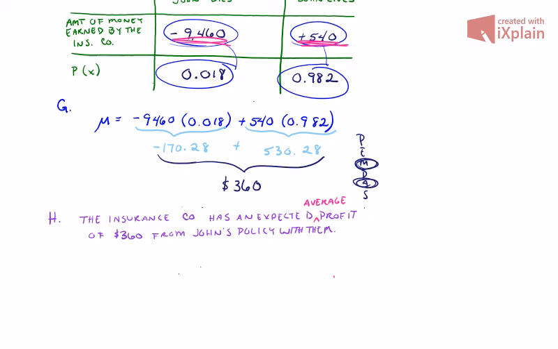So essentially, with regards to H, it's being used as a decision factor for the insurance company. Do they want to offer this? Because they obviously don't want to offer policies where they run the risk of losing money, or it's likely that they will lose money. So I hope that this has helped out.